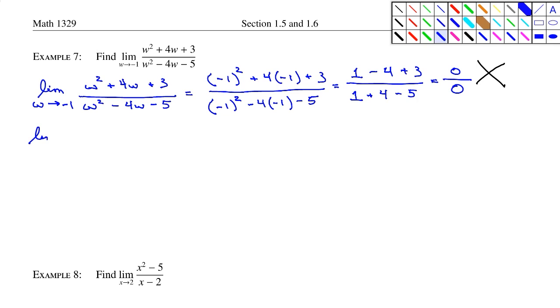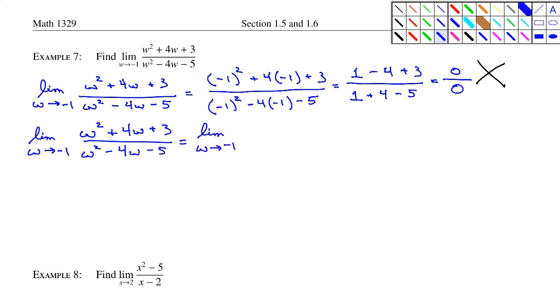So now let me try the limit with factoring and canceling. w squared plus 4w plus 3 divided by w squared minus 4w minus 5. Remember to write the limit as w approaches -1. So w and w.